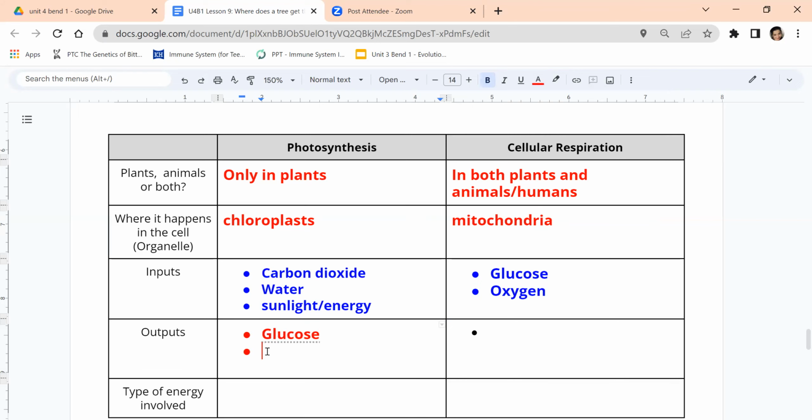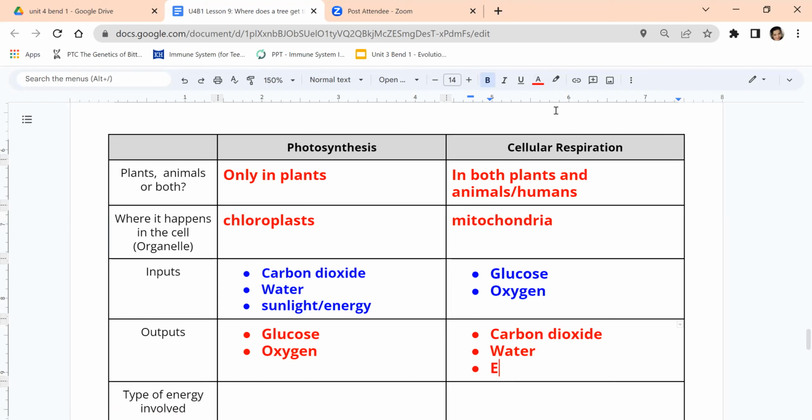Glucose and oxygen. And the outputs for cellular respiration, and I'm hoping you're seeing a pattern here, are carbon dioxide, water, and energy in the form of ATP.